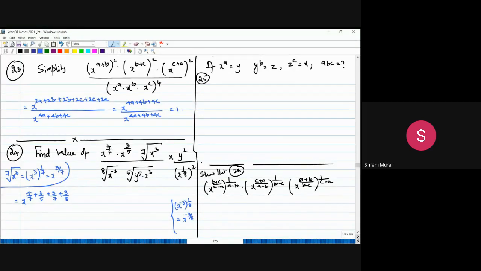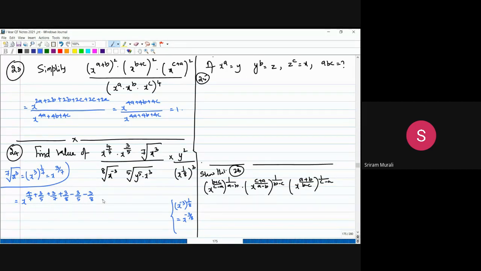And then plus this will come as 3 by 5. What about the next term? When it comes to numerator, this is minus. I'm sorry, this is minus. What about the next term? If it comes to numerator, this will be minus 3 by 8.